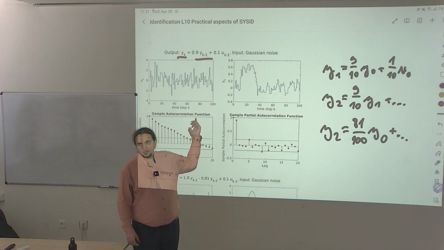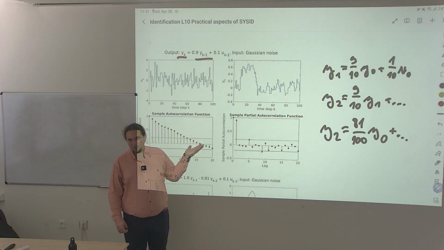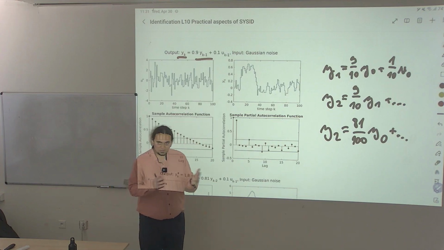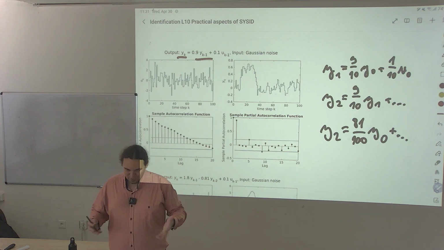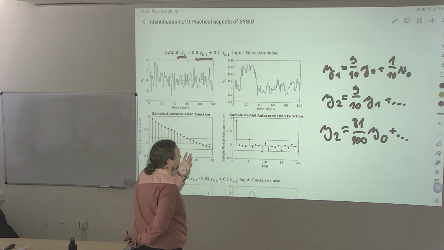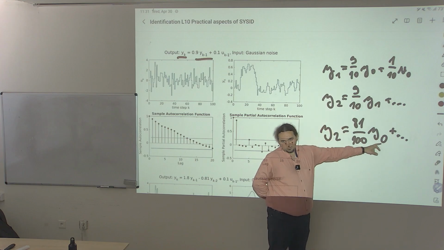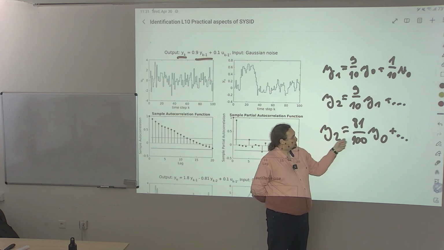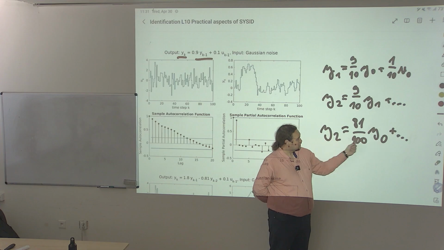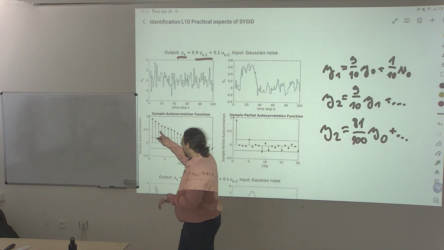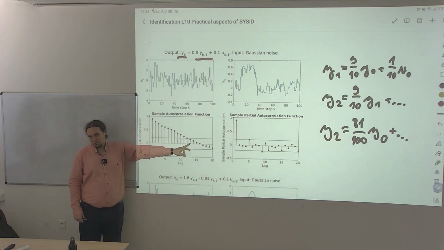So this type of model, the ARX, the transfer function sort of models, will always show us some correlation for several time steps.